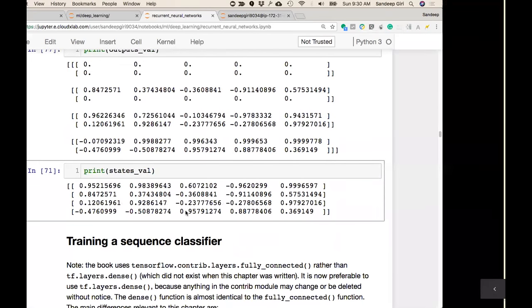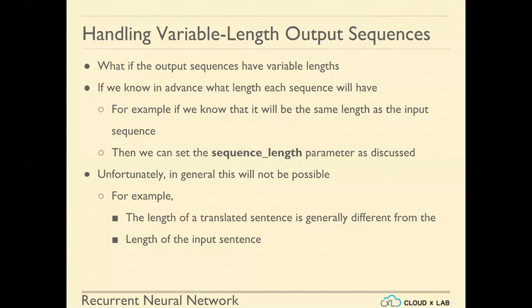What if the output sequences have variable lengths? If we know in advance what length each sequence will have, for example, if we know that it will have the same length as the input sequence, then we can set the sequence length parameter as we have done just now. Unfortunately, this is not possible in case of predictions, because we don't know how big the predictions are going to be, right? The length of a translated sentence is generally different from the length of the input sentence.